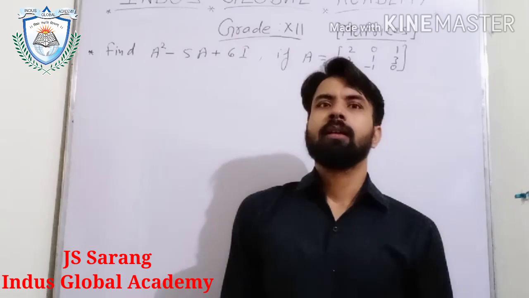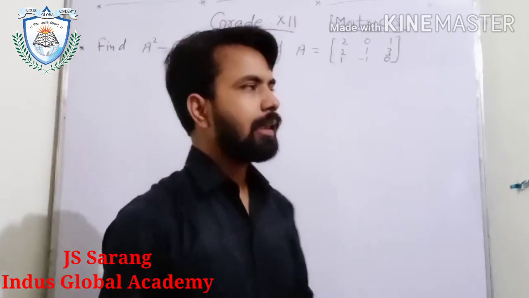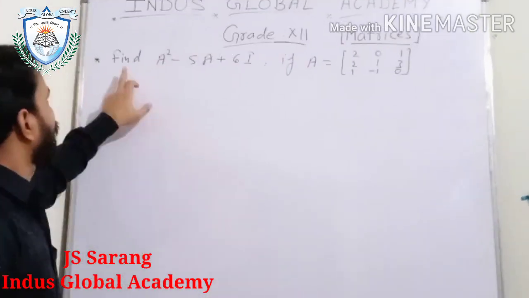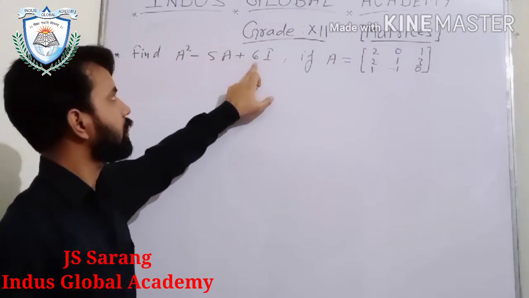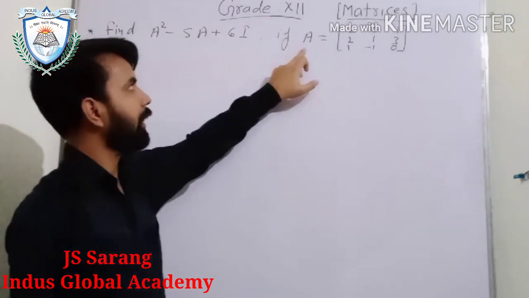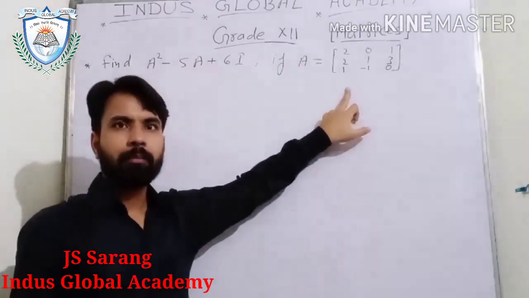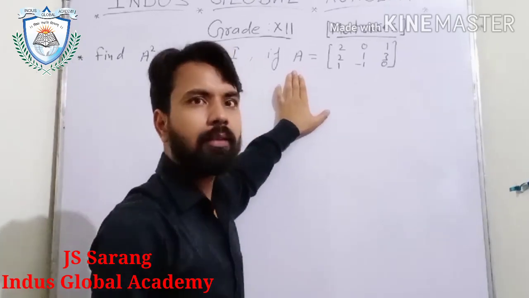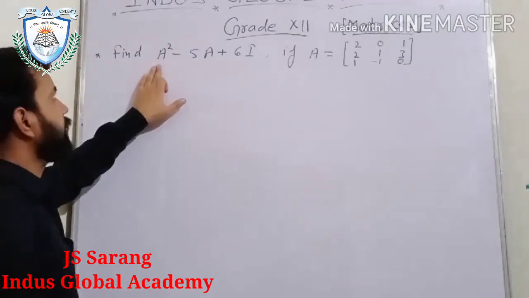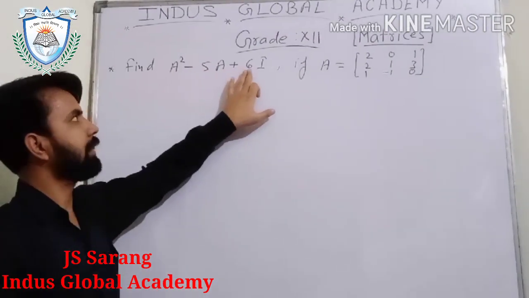Okay students, now I am taking another example. Find A square minus 5A plus 6I if A is equal to this. One matrix is given, that is denoted by A, and we have to find the value of this given expression, A square minus 5A plus 6I.